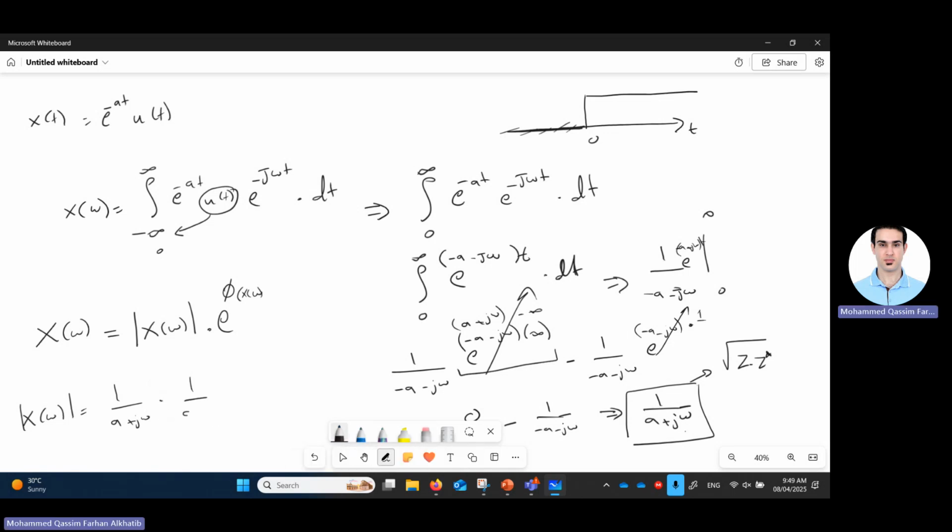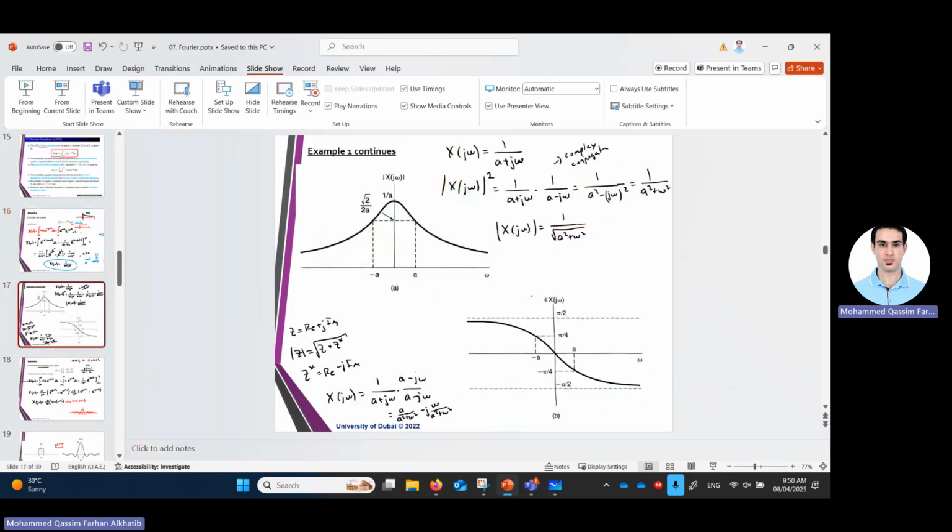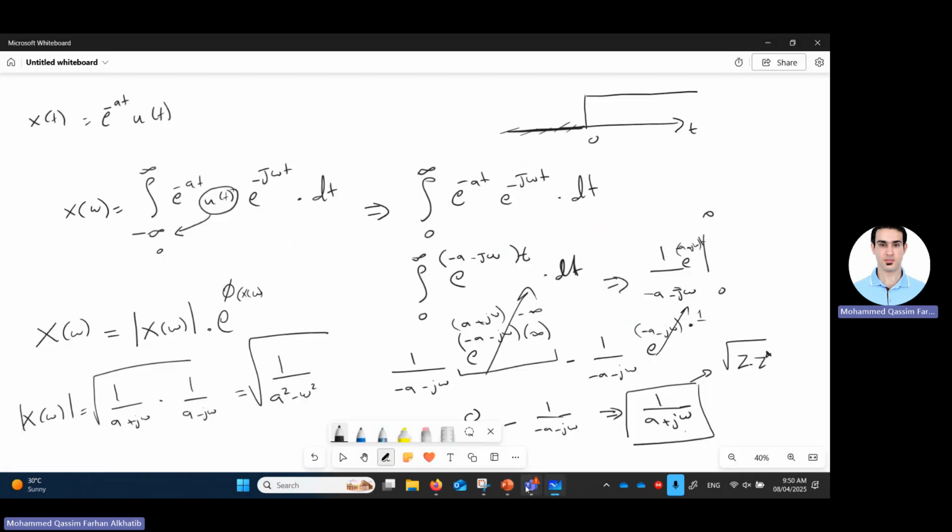Times 1 over a minus j omega under the square root. So it's going to be 1 over a square plus omega square. That's the magnitude. Let's confirm. And a square plus omega square, well, that will be a difference of two squares.